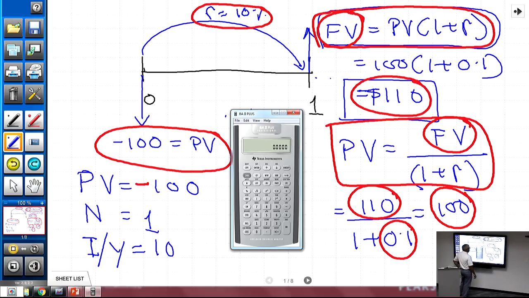The next thing I want to do is second and then the I/Y key. Now over here my display says P/Y equals 1. I am assuming that there is one compounding per period. Later on we will see what that means. Can it be more than one compounding per period?